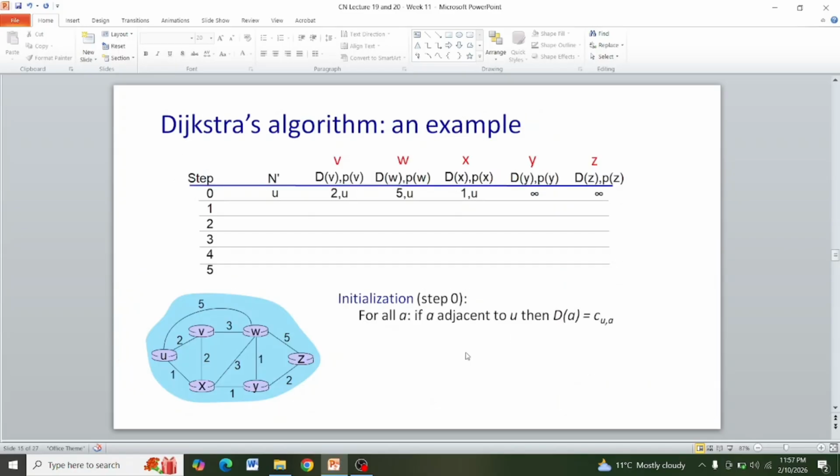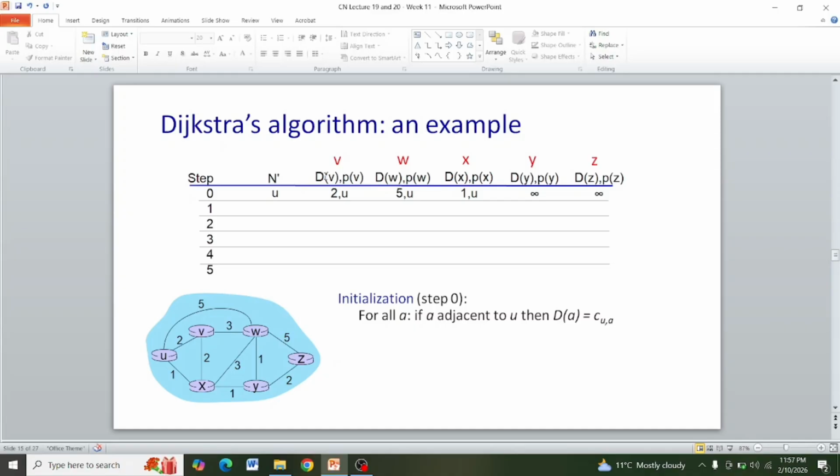Here is an example where we can see there are 6 nodes. There are edges among nodes, and there is a cost associated with each link. We will be starting from U. Here, N prime denotes that U is the source and U is the destination.